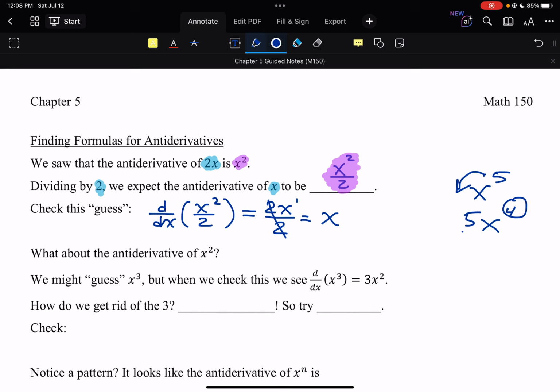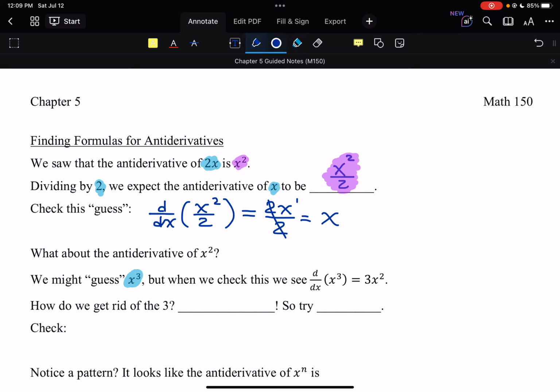And then if I took the derivative again, it would become x to the 3rd. The power is creeping down one at a time. If we're taking an antiderivative, I would expect it to go back up. So we would guess, potentially, that it would be x to the 3rd.